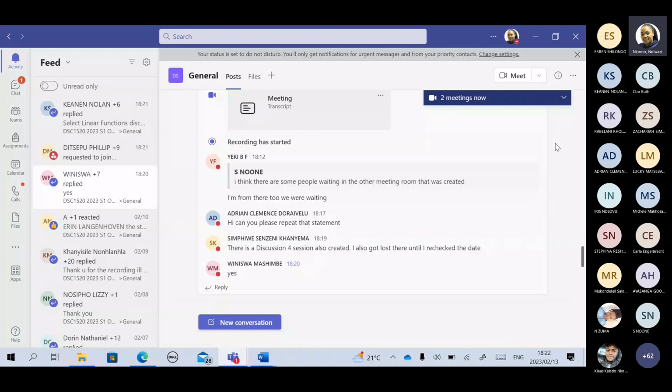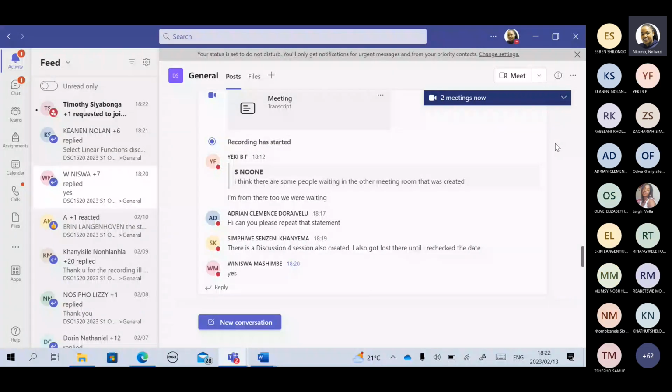We have one link, but I'll keep on scheduling meetings under that one link. When you get to general, you just have to choose the dates you want to join the class for.